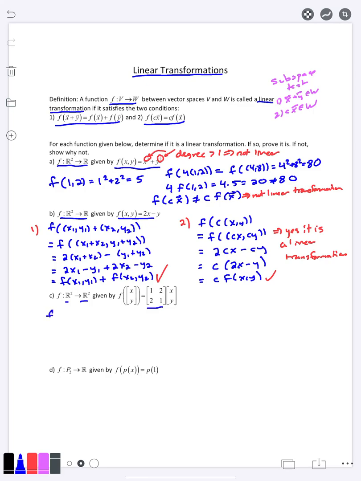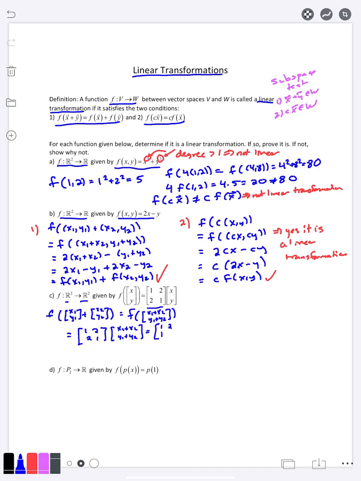So let's do f of two vectors added. That's f of the new vector x1 plus x2, y1 plus y2. And that's going to be the matrix 1, 2, 2, 1 times x1 plus x2, y1 plus y2.